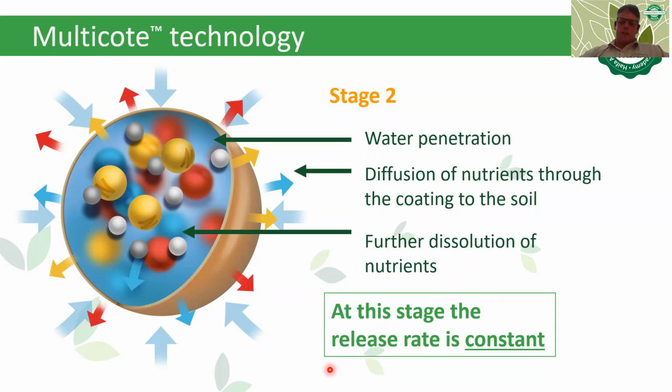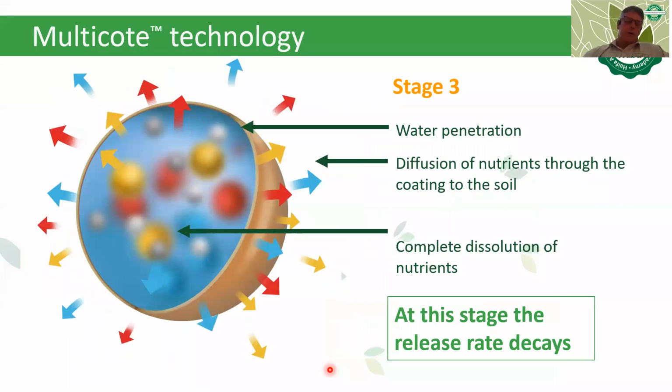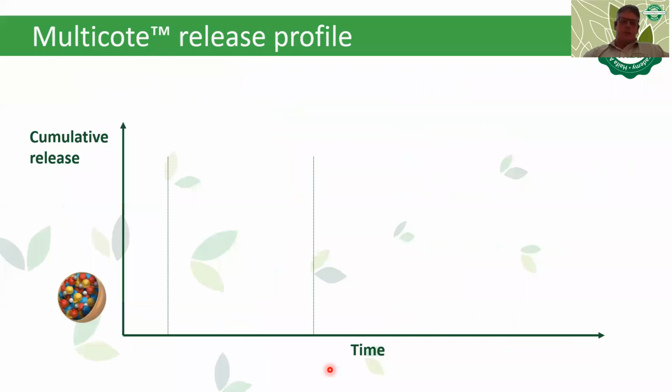The salinity almost stays constant, and your diffusion takes place on a regular basis. Once the nutrients are fully dissolved and the salt concentration starts reducing, we end up with stage 3, which we call the decay stage. This is the final stage where the release slows down until there's no salt left inside the granule.